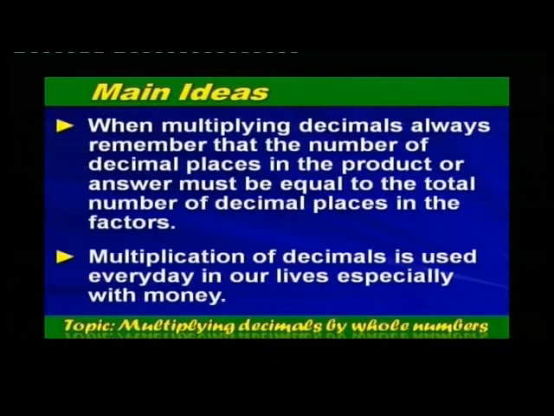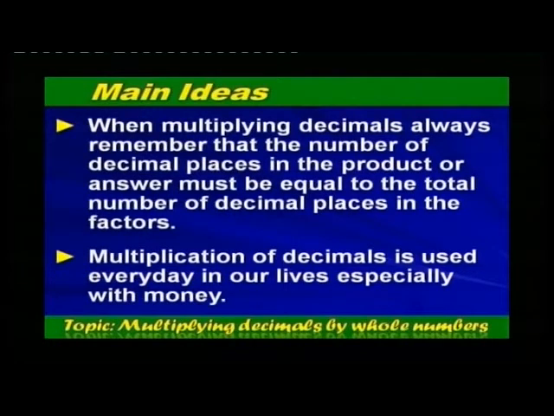When we are multiplying decimals, always remember that the number of decimal places in the product, or the answer, must be equal to the total number of decimal places in the factors.